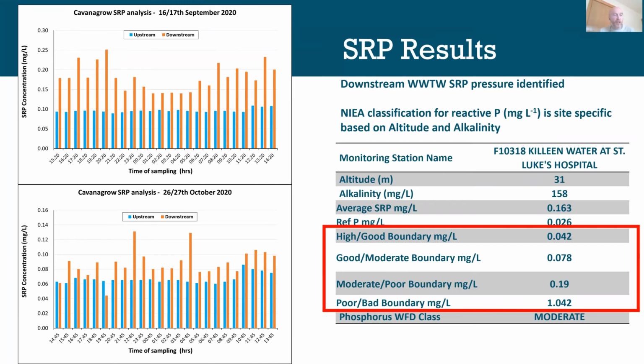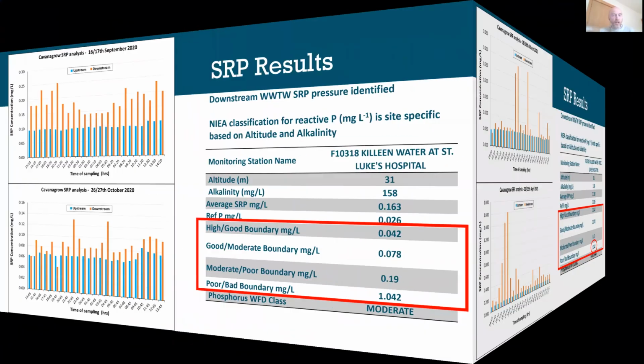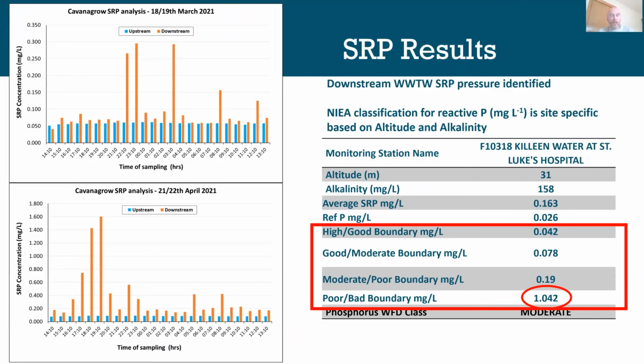We're seeing spikes at breakfast time, lunchtime, and evening time, when people are at home using the amenities in their house. It's taking the water quality at Kavanagh into moderate, poor, and poor bad. It's taking it into these boundaries, and this was more evident in the most recent sampling, when the stream was at its lowest to date.